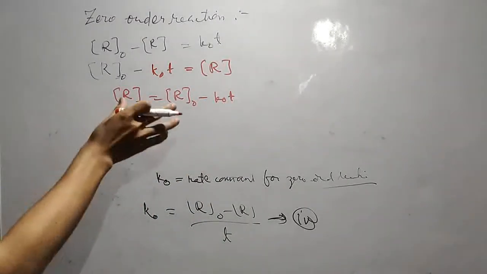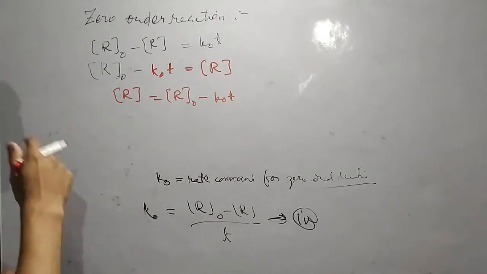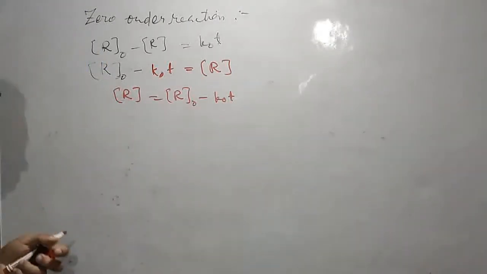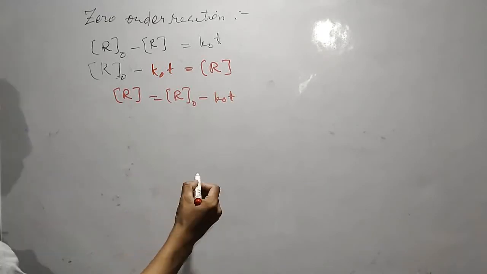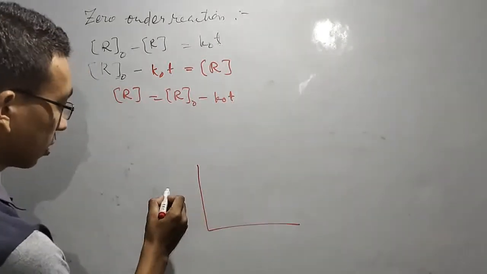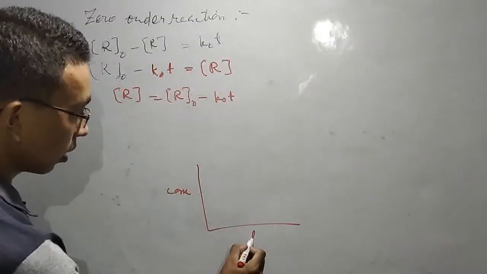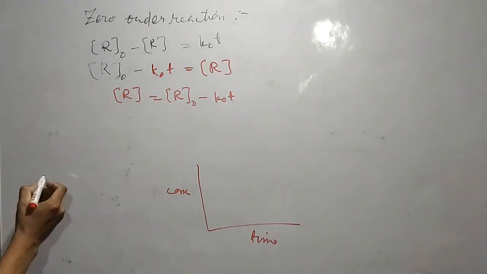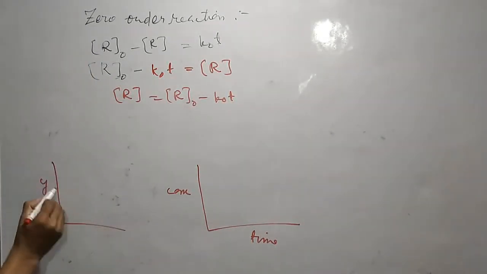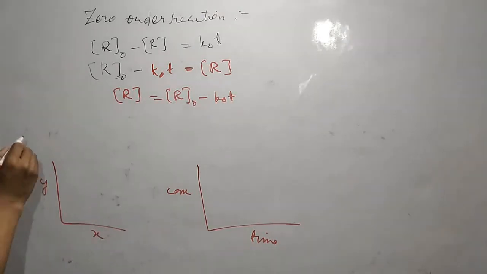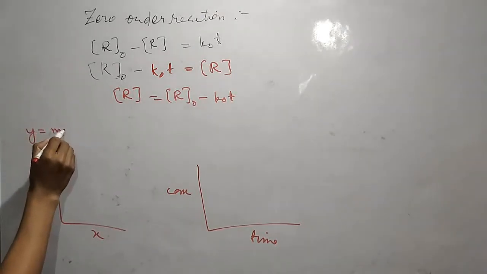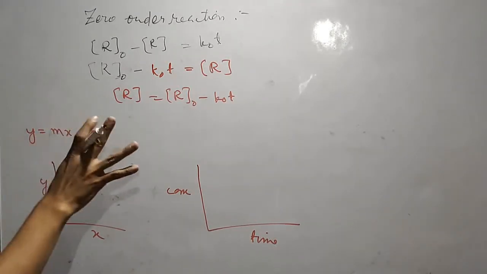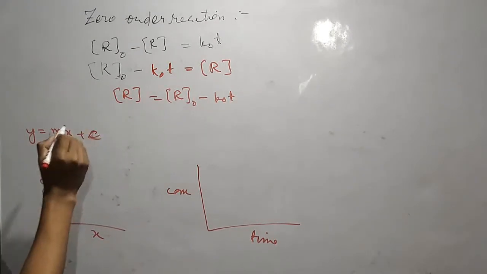Now this is of the form, we are going to represent the graph as a concentration and time graph. Now comparing to the equation of a straight line, we have y equals mx plus c. So listen carefully. Here this c is called the intercept.